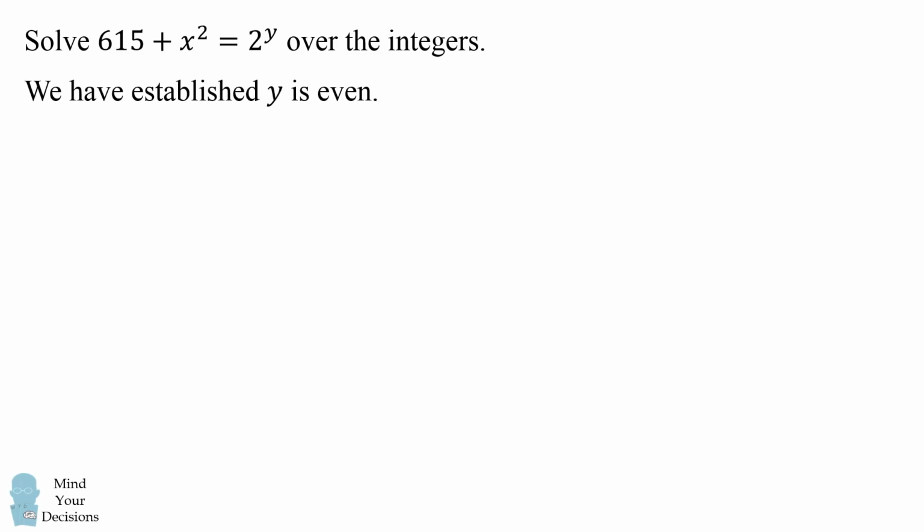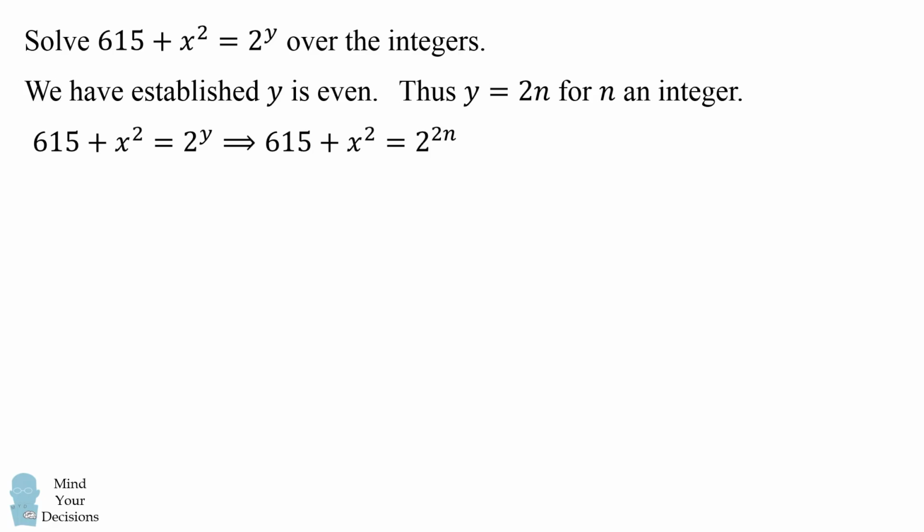Why does this help us? Well, if y is even, that means y is equal to 2 times n for n an integer. We can then substitute 2 to the n for y. So we have 615 plus x squared is equal to 2 to the power of 2n. We then subtract x squared from both sides. And now we use a clever trick.